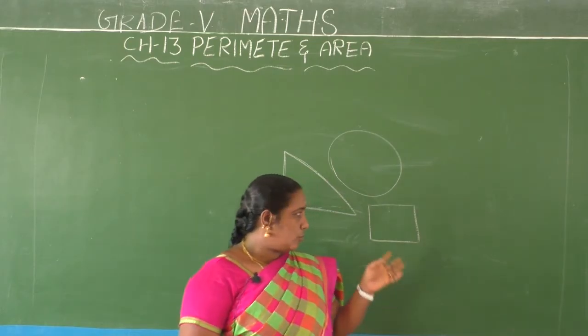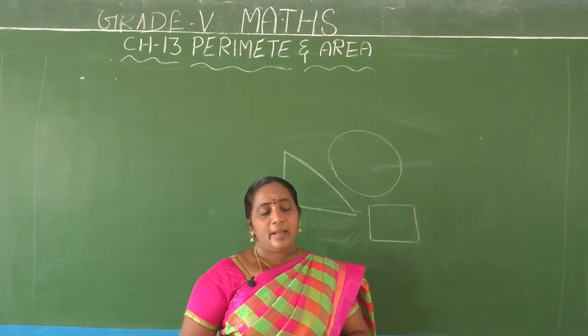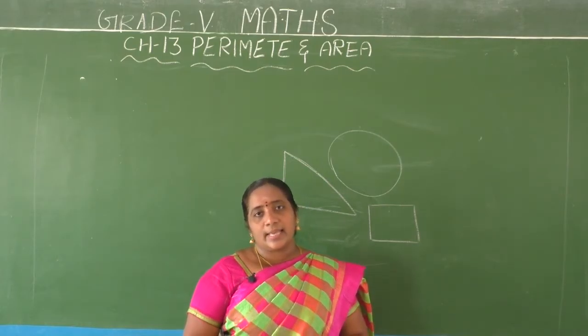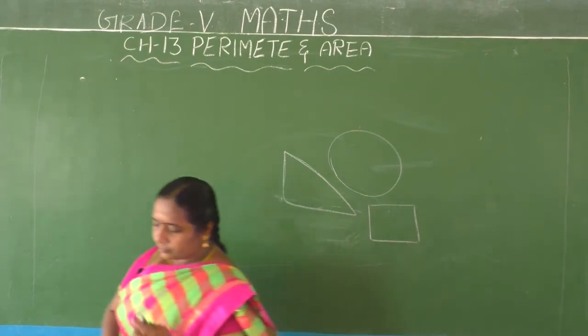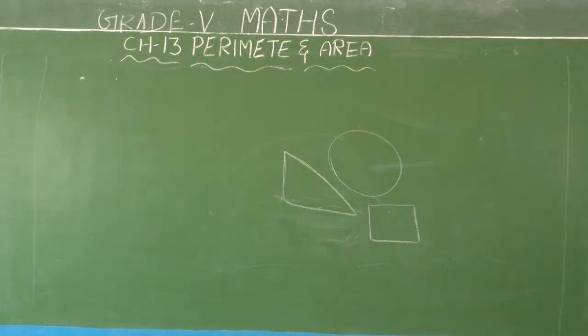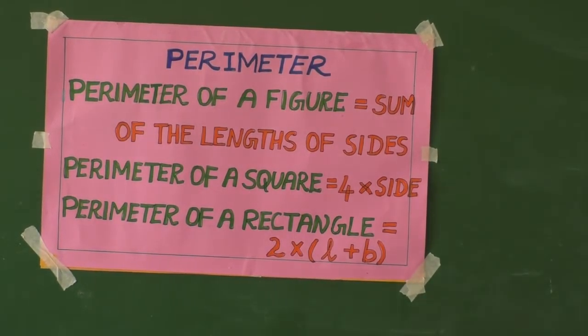So in the 13th chapter we are going to see perimeter and area. In exercise 13.1 we are going to see perimeter only. The perimeter of a figure is equal to the sum of the lengths of all sides.